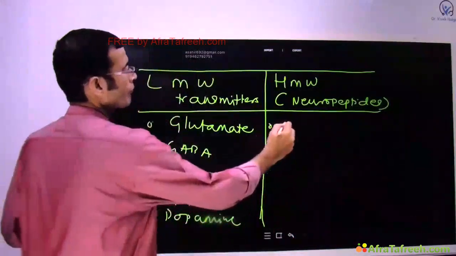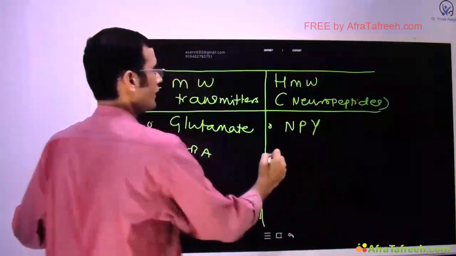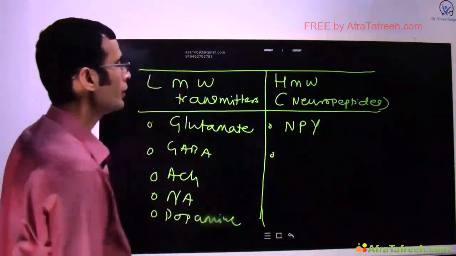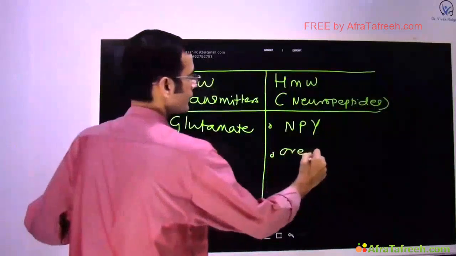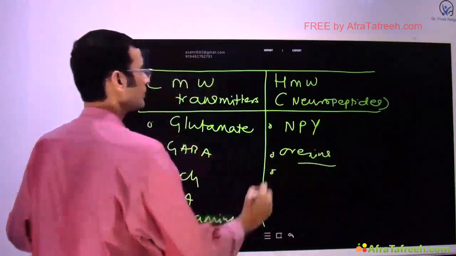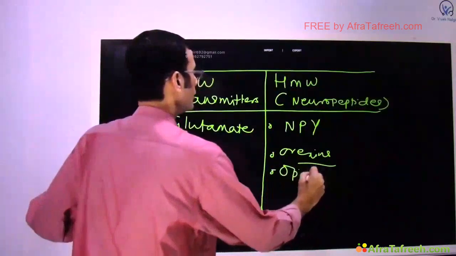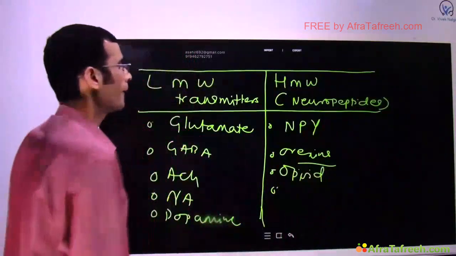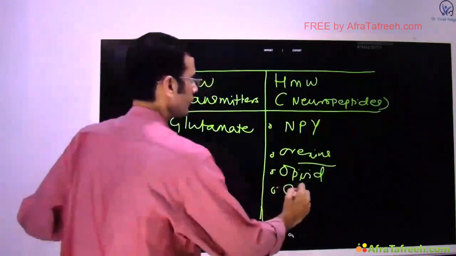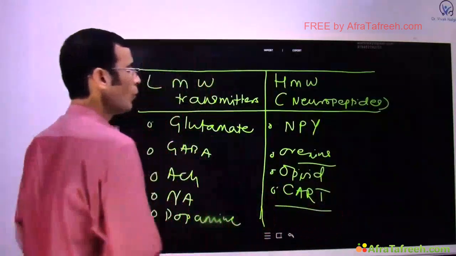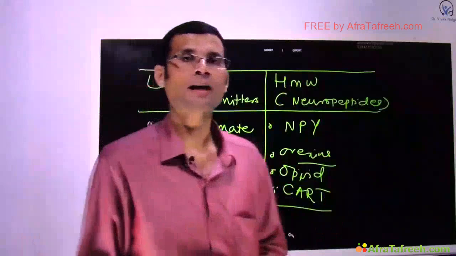So we have neuropeptide Y, NPY, orexins involved in hunger, or opioid peptides, CART. This is a more recently found neurotransmitter, CART.